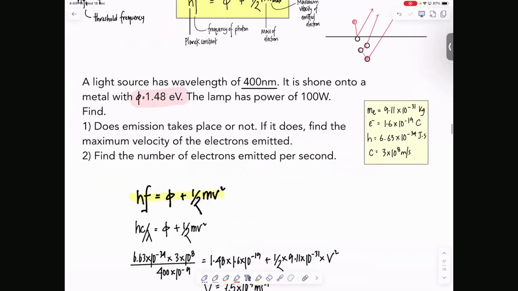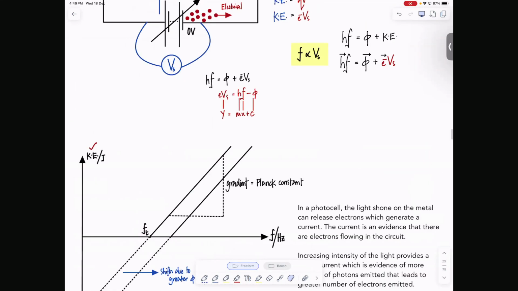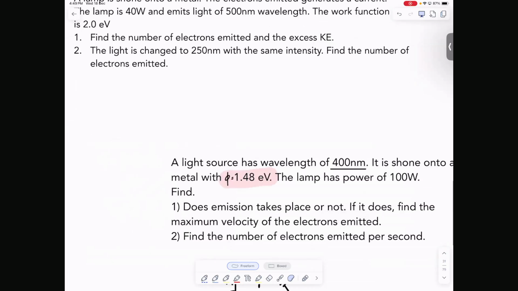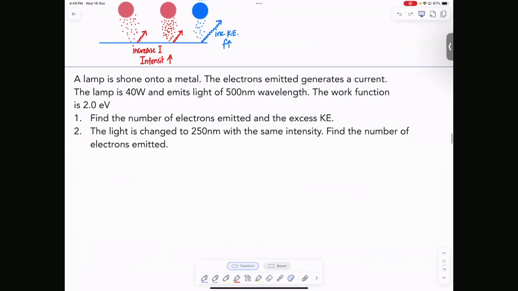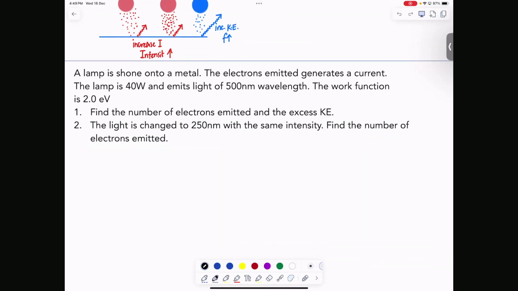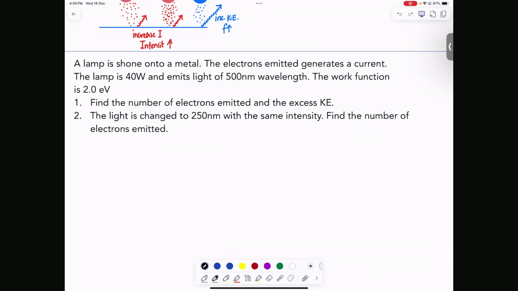I'll give you the values here. The mass of an electron is 9.11 into 10 to the power minus 31 kilogram.